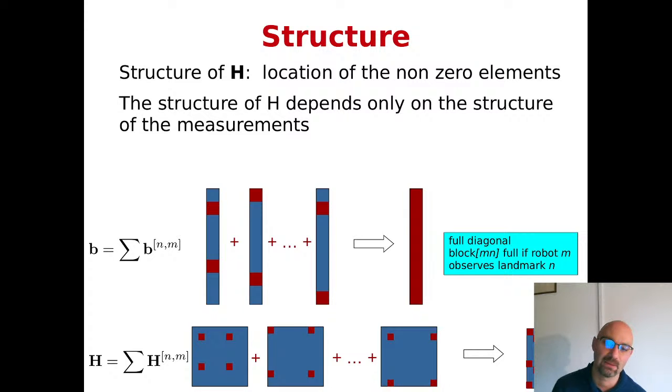This is the matrix representation of the graph of the measurements.